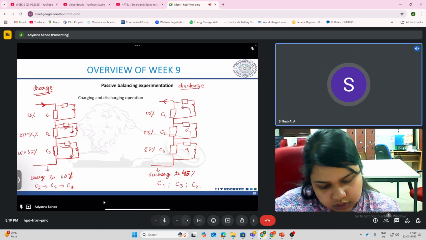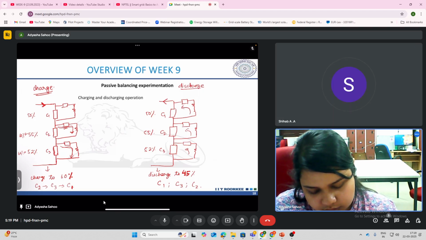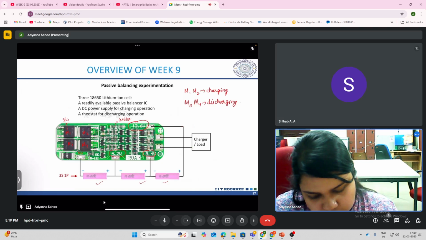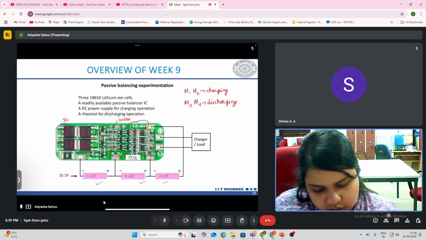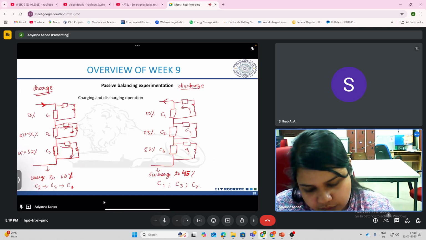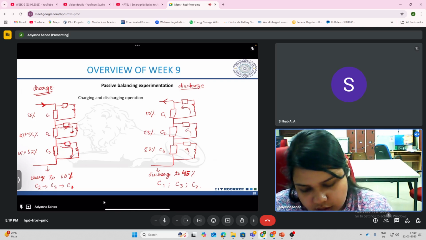I think these switches are not M1, M2, M3. I think they will be here.